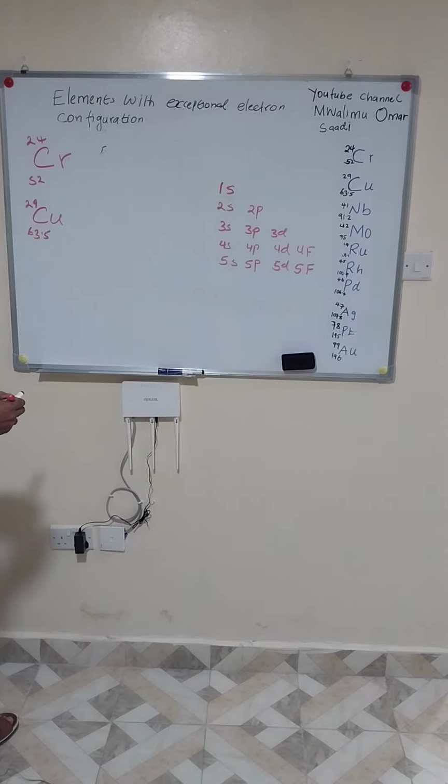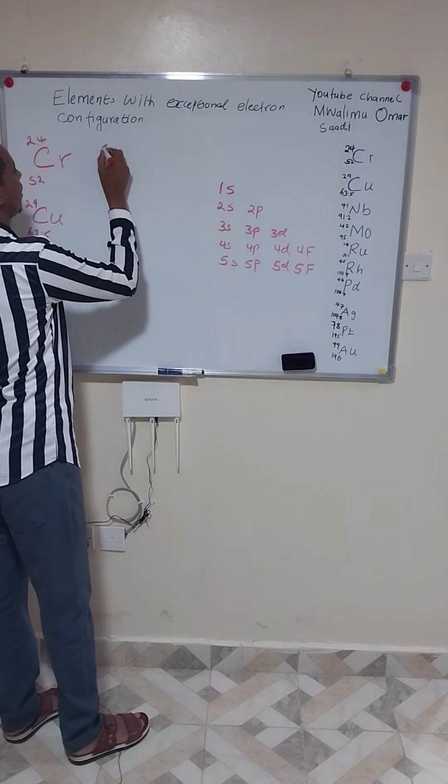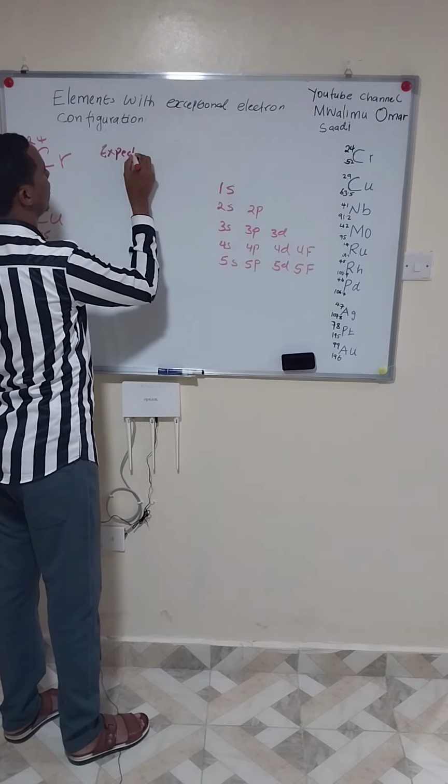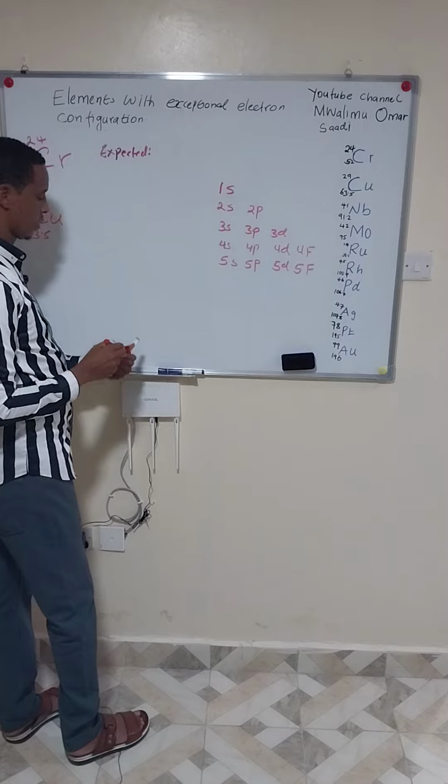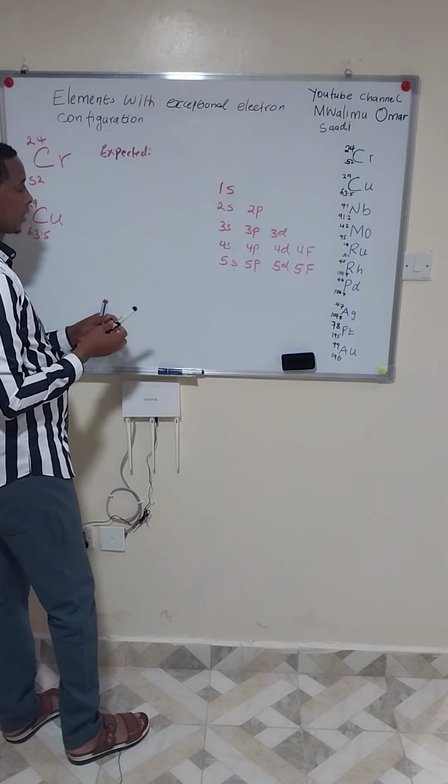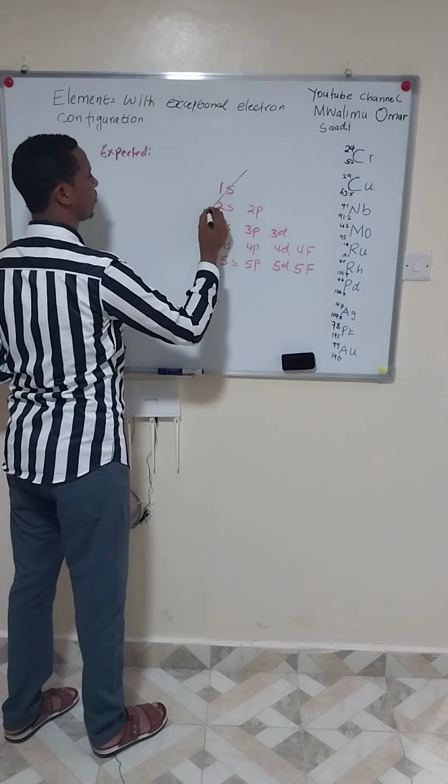So copper has 29 electrons. So let us write the expected electron configuration.